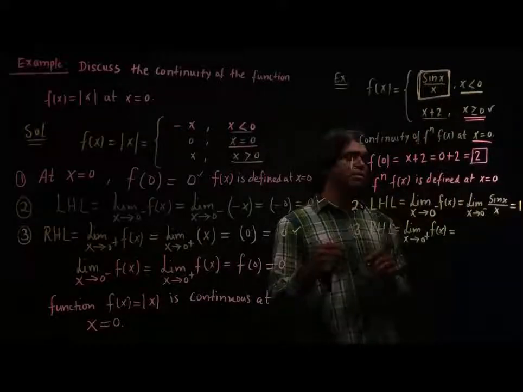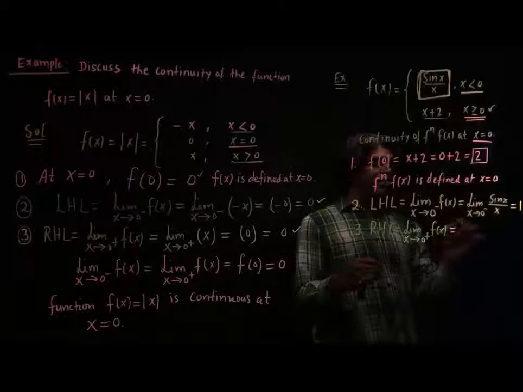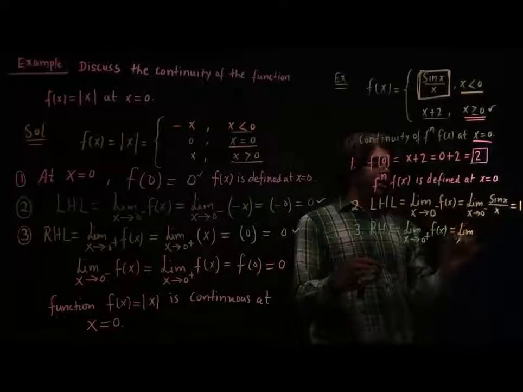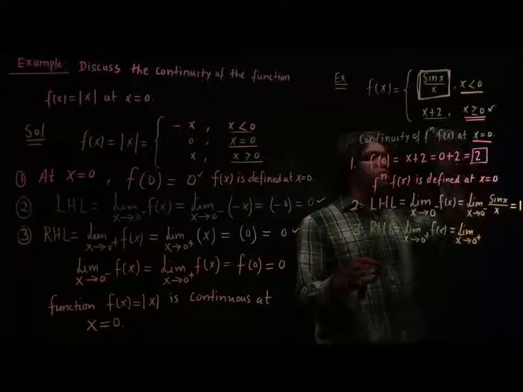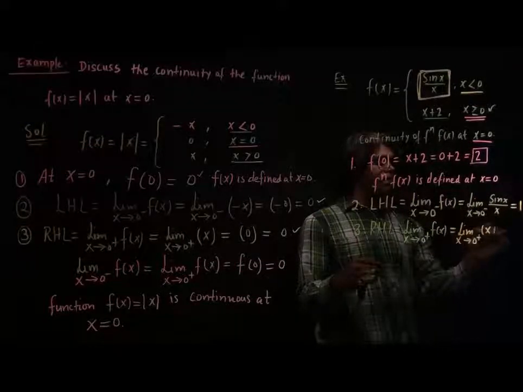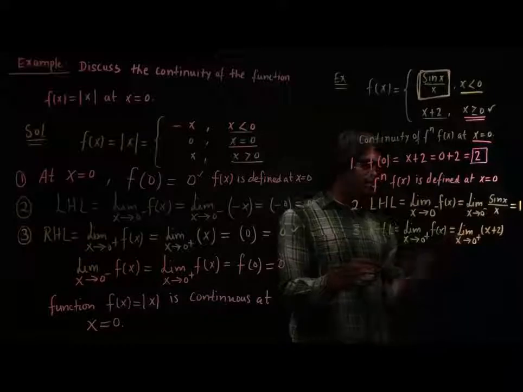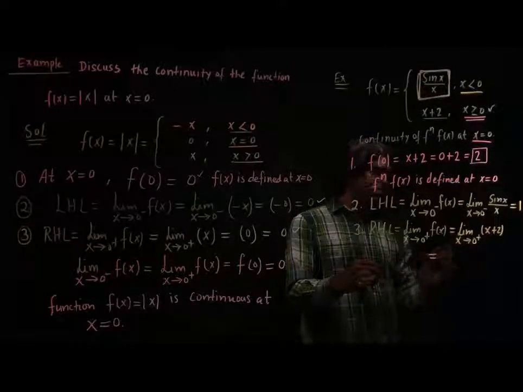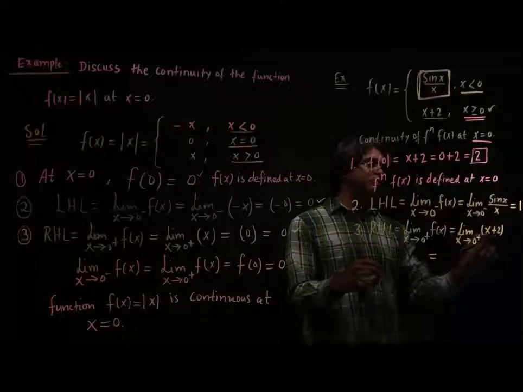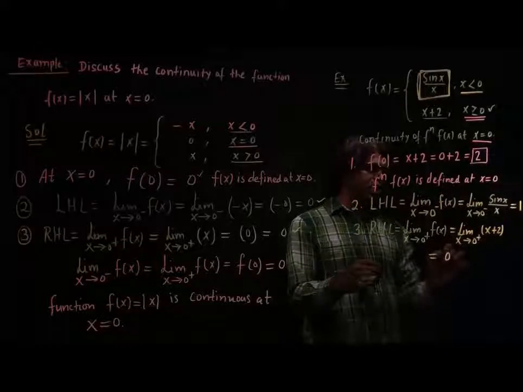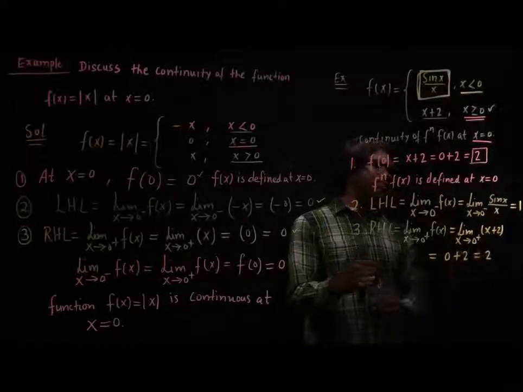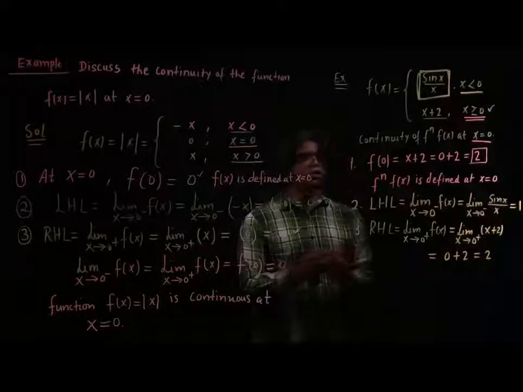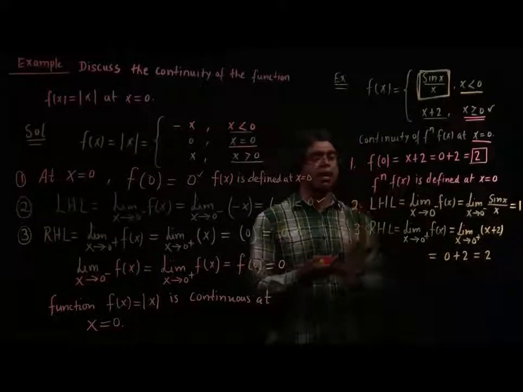So this is equal to limit x tends to 0 plus of x plus 2. Now let's simplify further. We will substitute x as 0. So I will write 0 plus 2, and 0 plus 2 is 2.